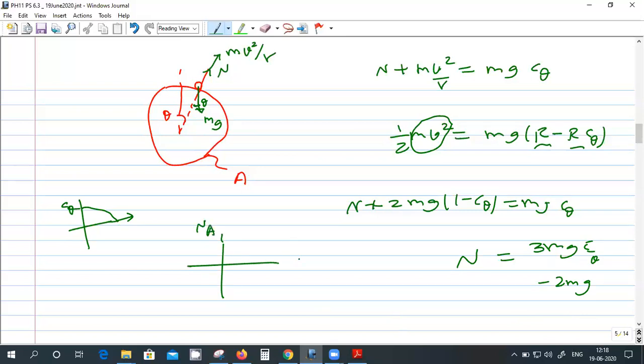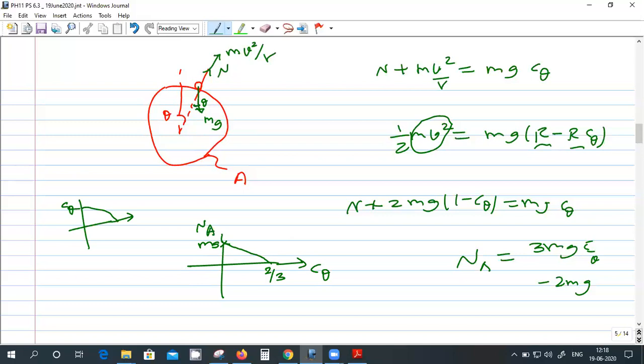Normal reaction on surface A as a plot of cos theta. So this is one point, the value is mg. And it will be a straight line with respect to cos theta. When cos theta becomes 2 by 3, the normal reaction becomes 0.